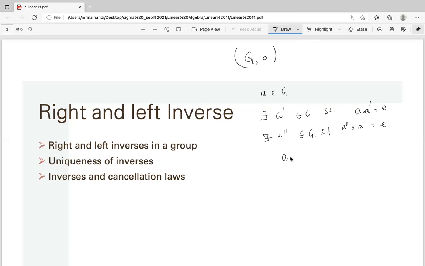Why are they equal? This is E, and if A double dash exists, compose on the left side, and using the associative property, this is A double dash, and now this is E. So A dash equals A double dash. So if right inverse and left inverse both exist, then they must be equal.